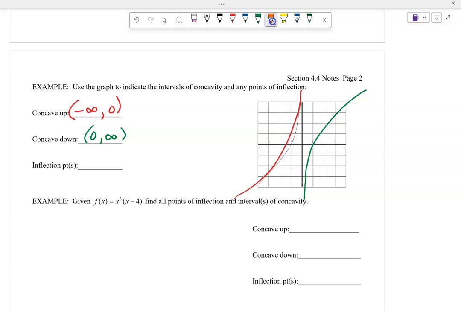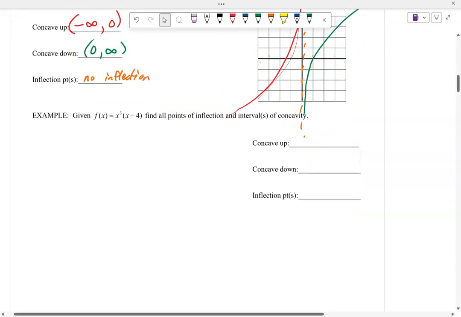You do not, because you've got a vertical asymptote. Even though it changes from concave up to concave down, it's not defined at 0. So there's no inflection point. Why? Because that's not a Hergert number. It's not defined there, right? So even though concavity changes, you've got to be careful. It has to be defined in order to have an inflection point.